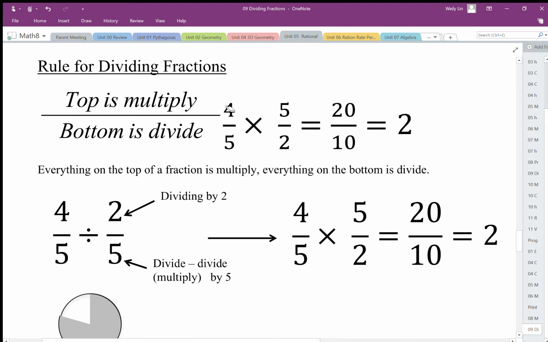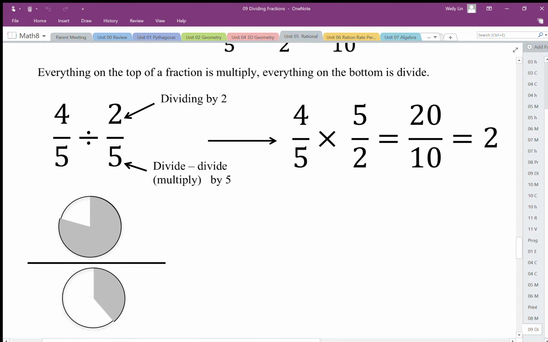So 5/4 times 5/2 is going to give us 20/10, which is equal to 2. As long as we're keeping the times on the top and the divides on the bottom, everything fits our model of fractions, times on top, divide on bottom, and we get the right ratio.